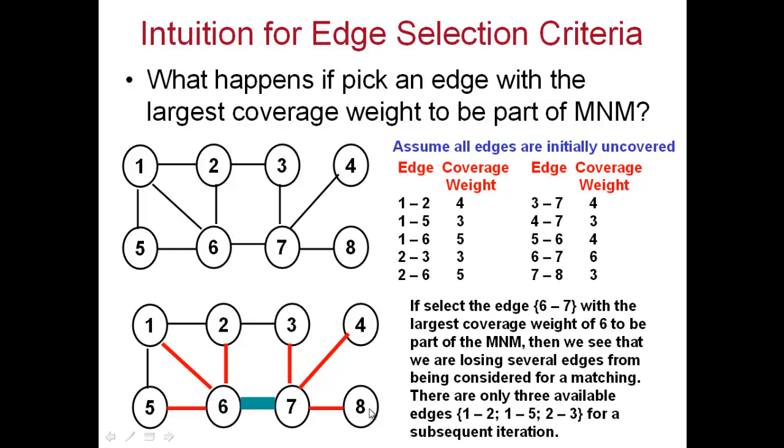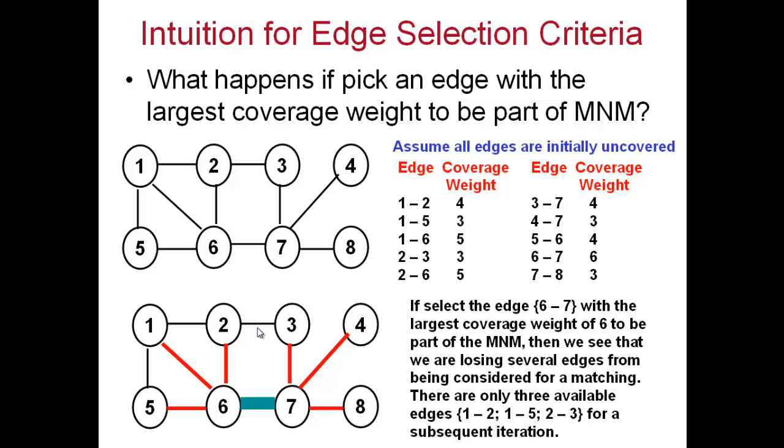Then look at this graph, if these 6 edges cannot be picked up, we have only 3 more edges left over, and we are diminishing the chances of finding a maximal node matching because only few edges are going to be out there as candidates. So what we want is to maximize the number of candidates available as edges to be chosen for maximal node matching.